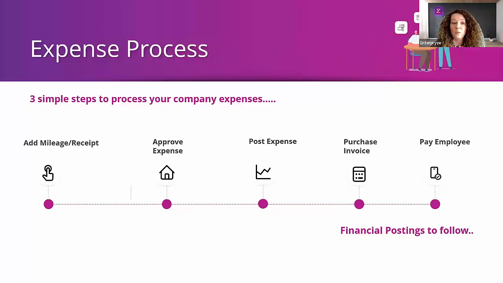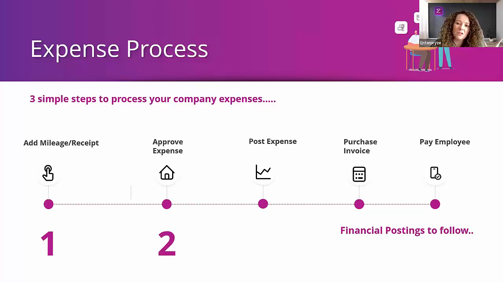So overall, what happens with expenses? Three very, very simple steps. Just bring the picture together for you now. Number one, we add the mileage and receipt, and now they're there waiting to be approved. Number two, we approve the expense, review it and approve it, or reject it if you need to reject it.